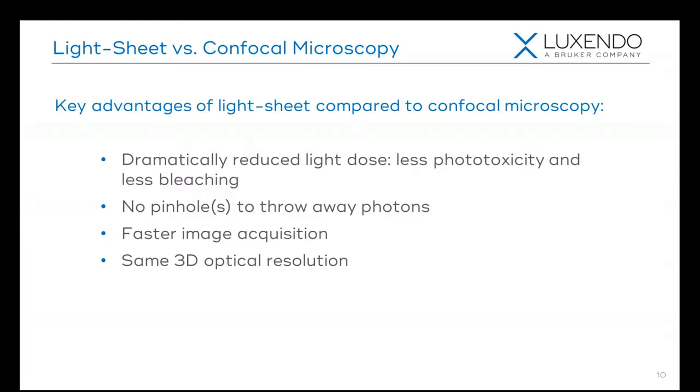This leads to a much faster acquisition time, and we can do this with the same 3D optical resolution that we get in these other confocal techniques because of the fact that we're constraining our excitation light axially. This means that this is an ideal imaging technique for looking at dynamic processes in live specimens.